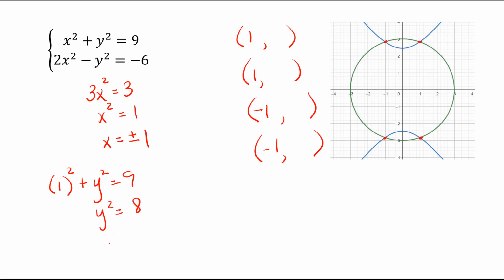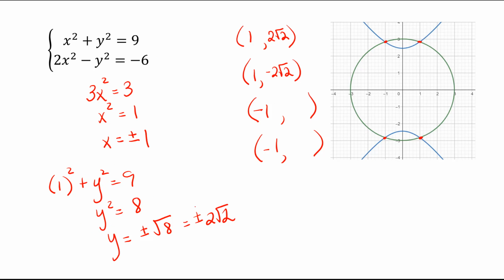And if I solve for y, I take the square root on both sides, I have to put plus or minus the square root of 8, which is plus or minus 2 square root of 2. So just by plugging back in the +1 for x, I got 2 values for y. So one of the points is 1, +2 square root of 2, and the other one is 1, -2 square root of 2.